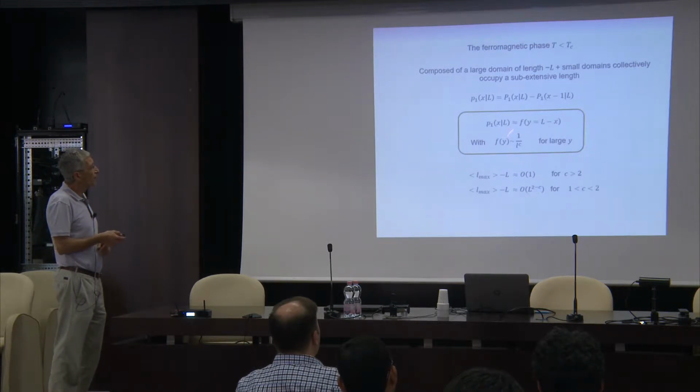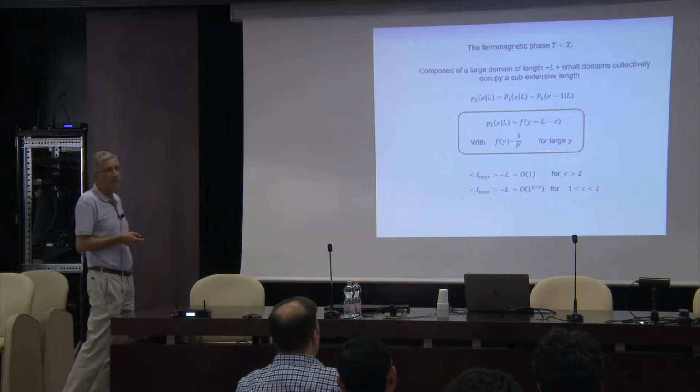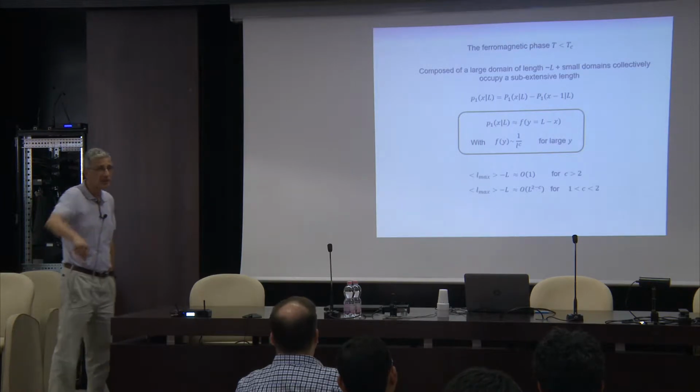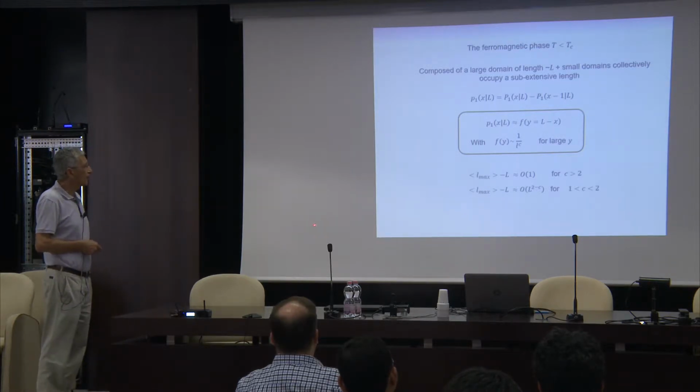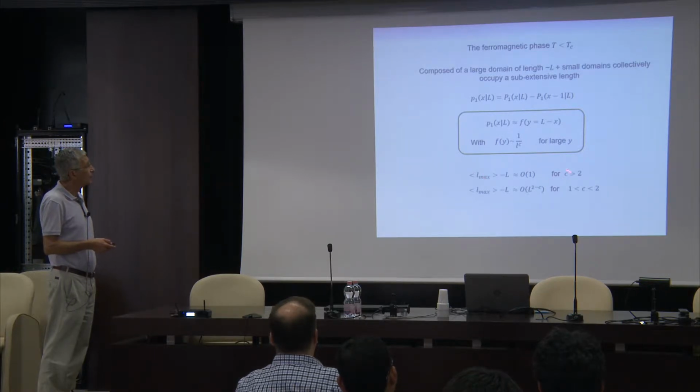And this f of y, you do the calculation, is 1 over y to the power c. It just goes like that. And then it turns out that if c is larger than 2, the integral here converges, and therefore L max minus L is of order 1.